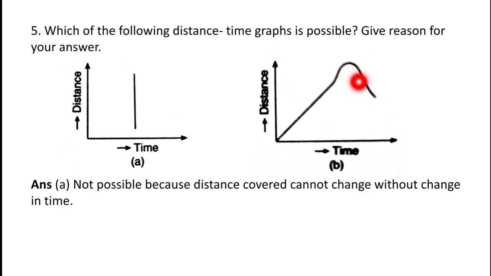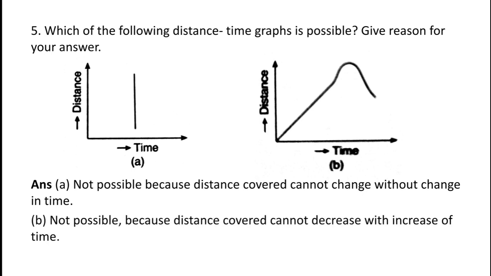As you can see from the nature of the graph, the distance goes on decreasing. So students, is it possible that distance will decrease with increase in time? No, it is not possible. Hence again we can say that this graph is not possible because distance covered cannot decrease with increase of time.